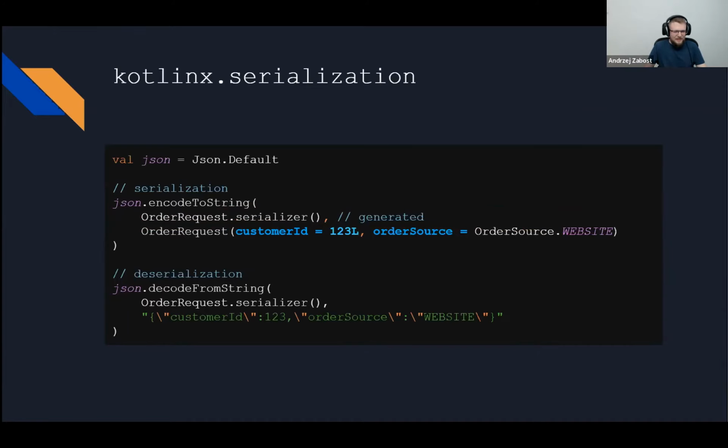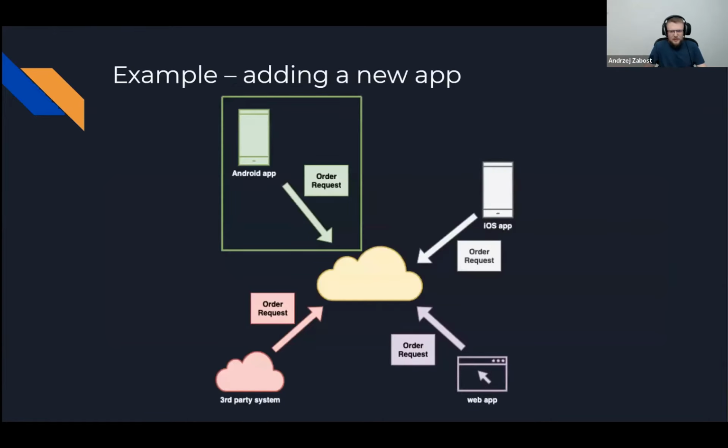And okay, so back to our example. Let's imagine that our system is used in production widely. It's adopted, and we have a significant user base. And we are actually doing so great that we've got some funds to start working on another application we want to add to our system, and this is going to be an Android application this time.